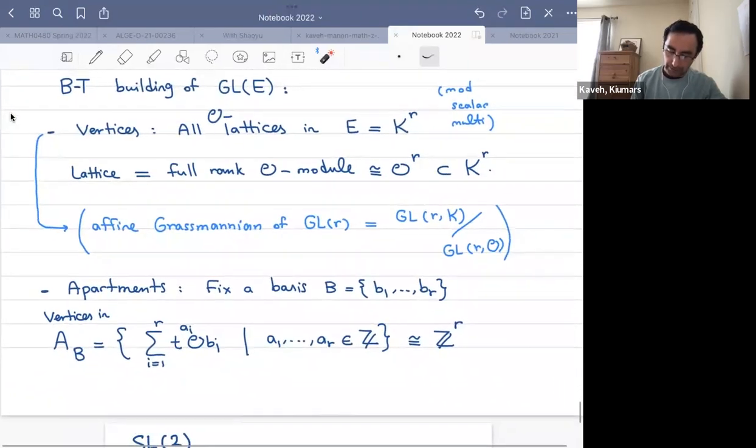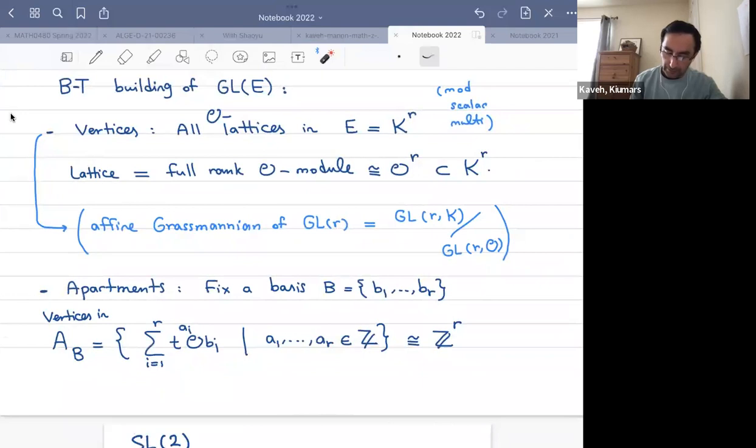So for GLr, all full-rank O-modules in your vector space are vertices of the building, and they correspond to the affine Grassmannian. Previously, the union of usual Grassmannians were vertices of the building. Now the affine Grassmannian parameterizes vertices. A certain chain of these O-modules gives you the other simplices, and so on.